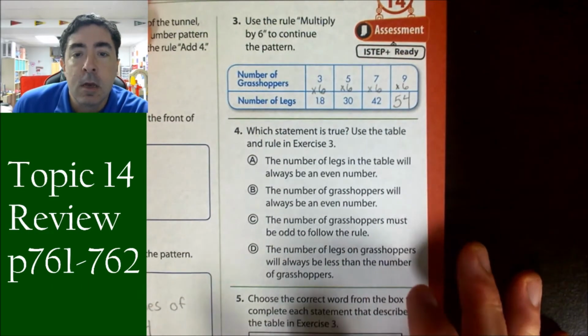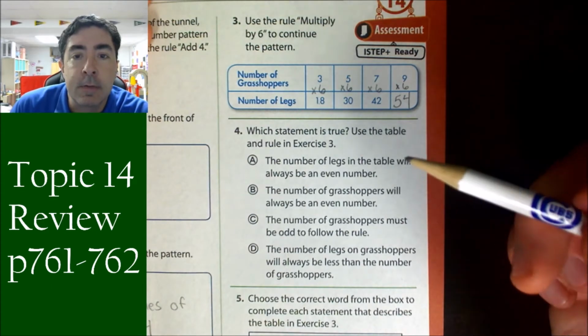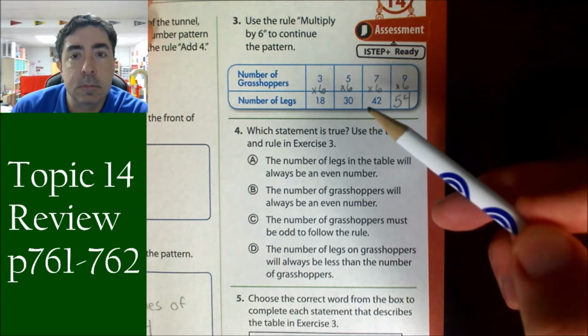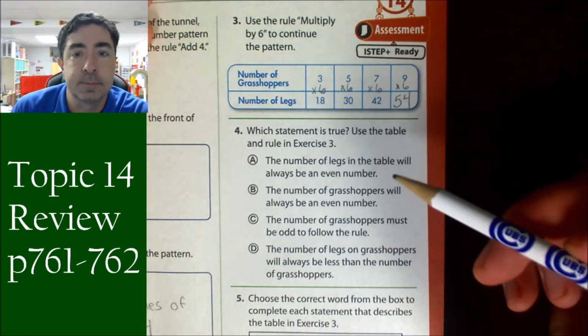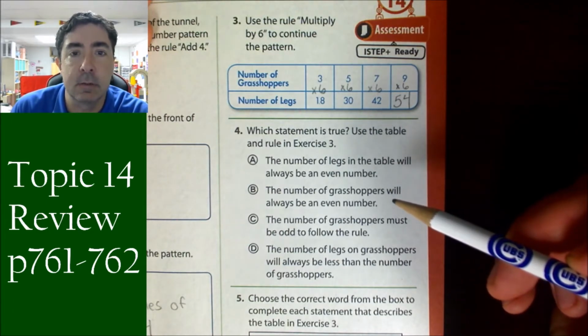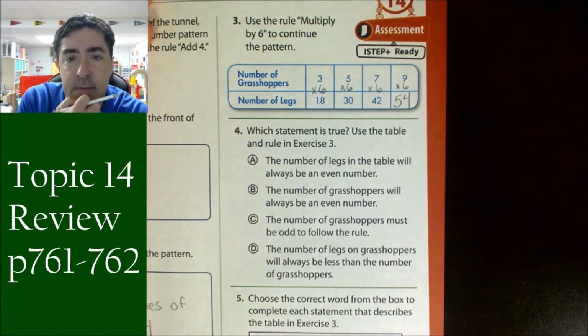Okay. Number 4. Let's look at which one of these is true. The number of legs in the table will always be even. It looks like that's true. The number of grasshoppers will always be even. No, the number of grasshoppers is all odd right now.